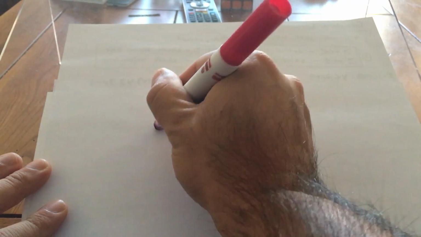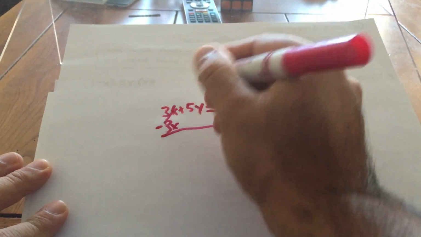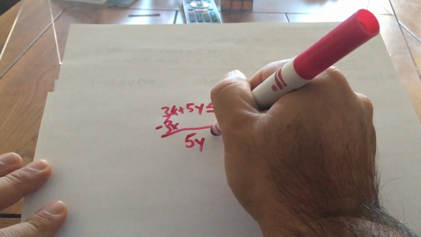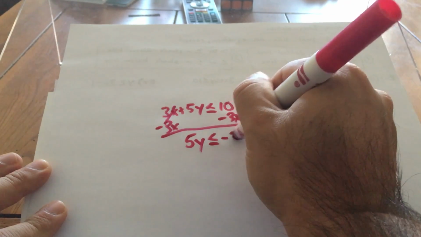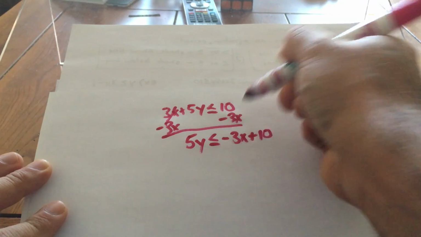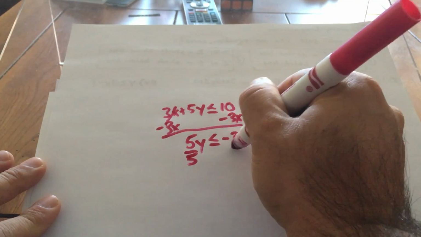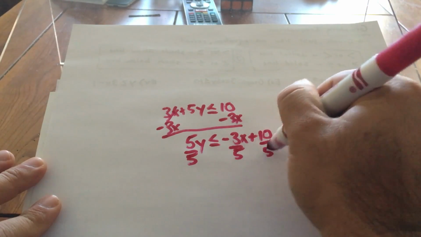So if we're solving for y, I have to subtract 3x from both sides, and I'm left with 5y less than or equal to negative 3x plus 10. Remember, you cannot combine these because these are not like terms. And then to get y by itself, we divide every term by 5.